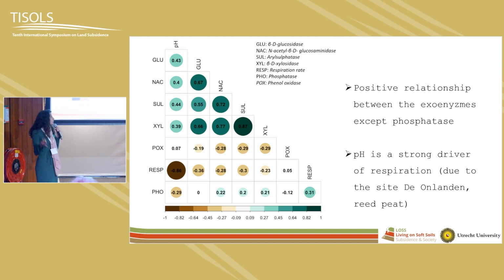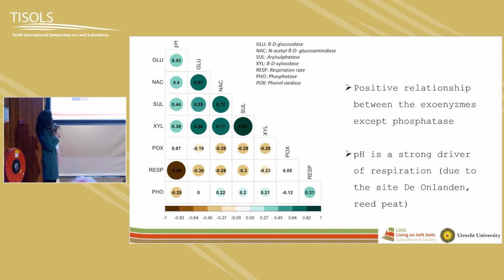There is a positive relationship between these enzymes, which helps if you want to monitor a site. We don't have to spend so much time, money and investment on five, six, several enzymes, but can pick one representative enzyme to use in monitoring programs.